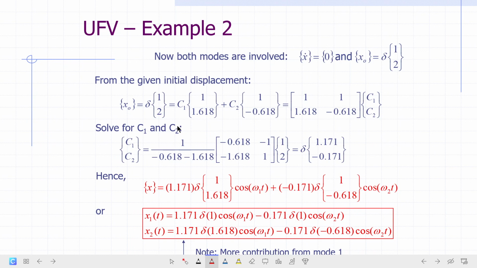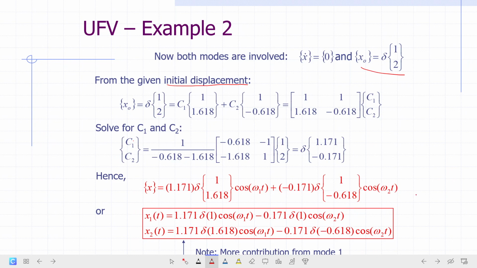Example two. Now both modes are involved, if you choose initial H1 and H2 to be 1 delta and 2 delta. Following the same process, using the initial displacement, you can get C1 and C2 like this.